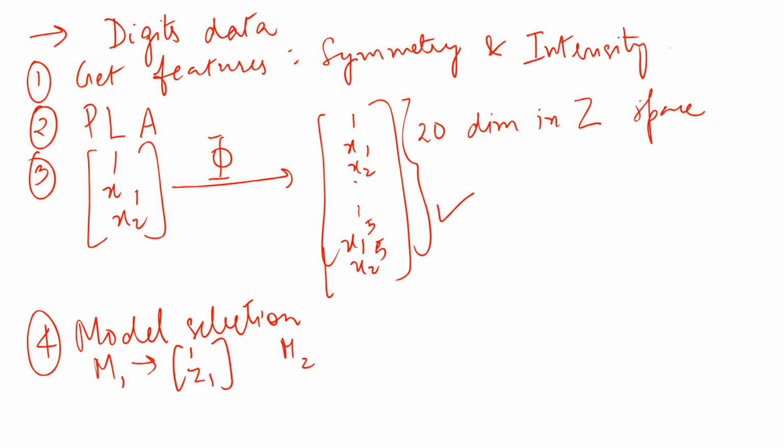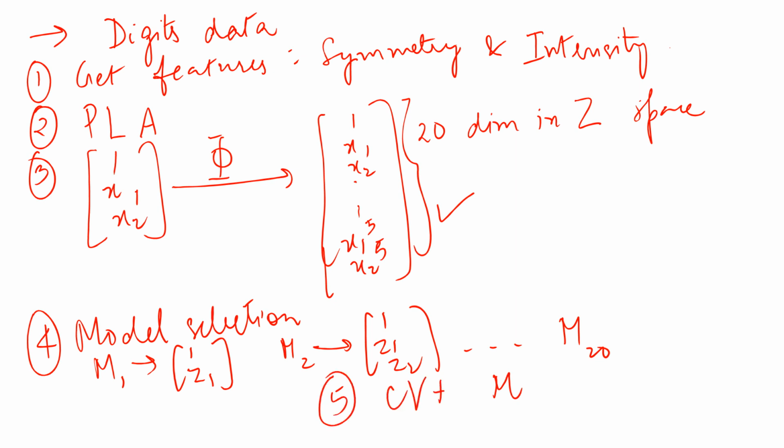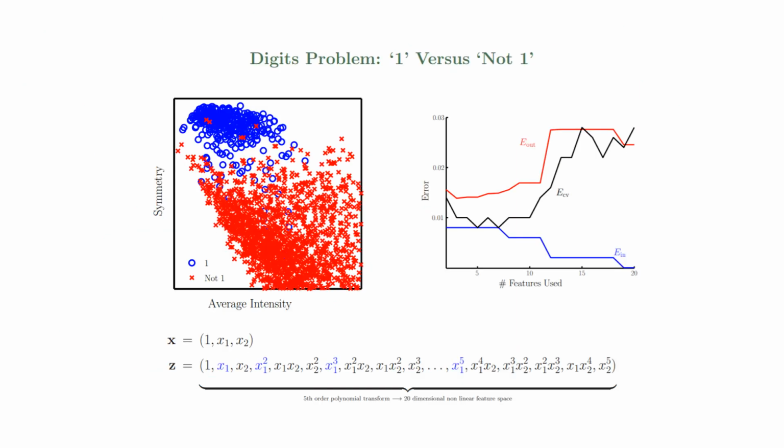Then M2 maybe had two features, 1, Z1, Z2, and so on, until M20, which is the max I went to, the 20 dimensions. Then the fifth step is that I use cross-validation to pick my model, M of i, whatever that is, out of these, picking based on the number of dimensions. That is also one of the important aspects when we are doing model selection. Okay, so let's look at the results when we did all of this in the digits data. Let's look at the actual experiment.